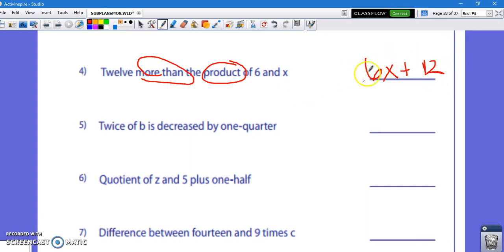So I had 6x and now I have 12 more. One more. Twice of b. That means multiply. Twice of b, so basically 2b, is decreased by 1/4. What does decrease mean? Subtraction. 1/4, 0.25. Or even better, 1/4. So I have 2b minus 1/4.